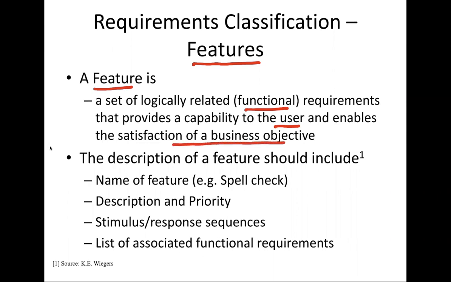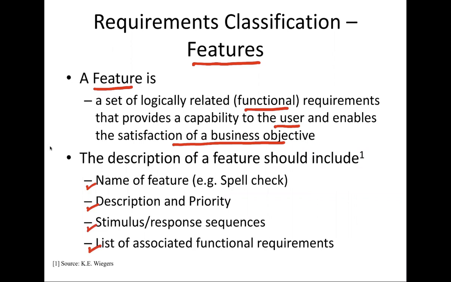So keeping this in mind, if you decide to use the feature classification method for functional requirements, you have to identify the features of each requirement, which include the name of the feature, the description and priority of each requirement, the stimulus and response sequence of each requirement, and the list of associated functional requirements.